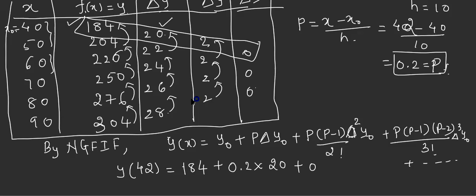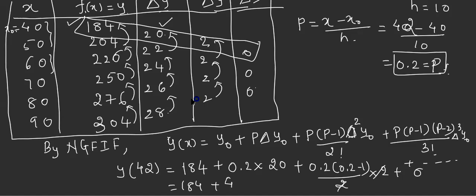P is 0.2. Then 0.2 minus 1 upon 2 into delta square, which is 2. Plus delta cube is 0, that's why this term becomes 0. It is very simple. So this 2 will go. The answer is very easy. 0.2 into 20 means how much? Is it 4?